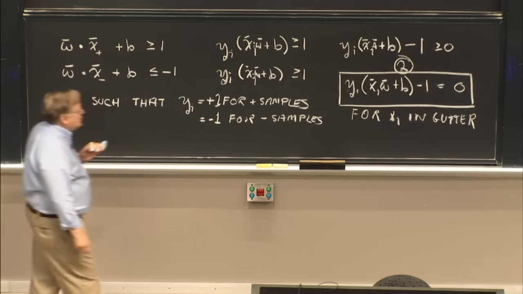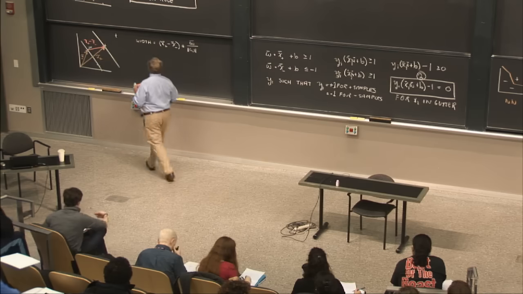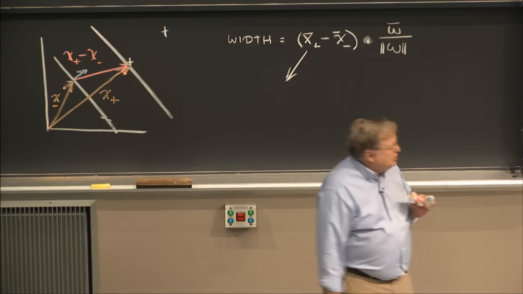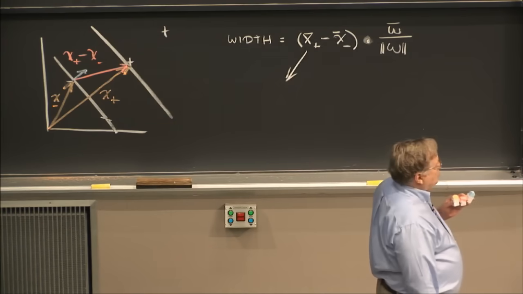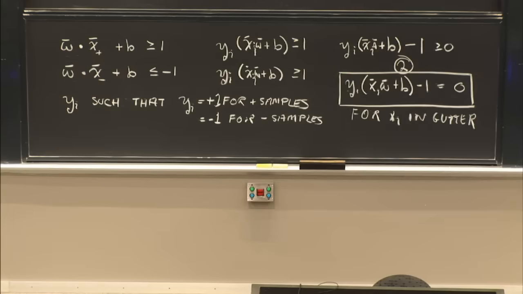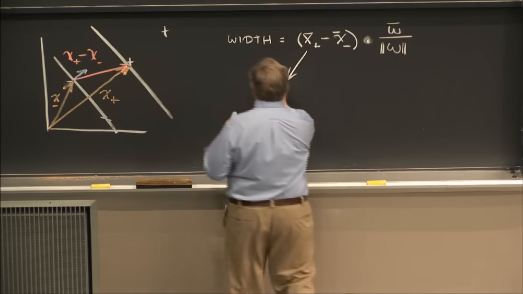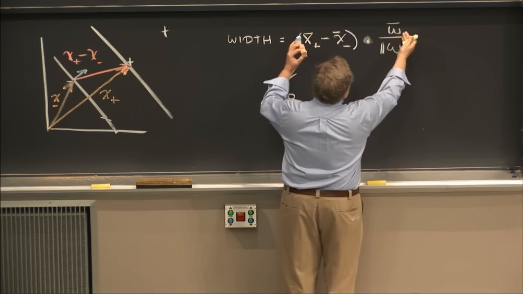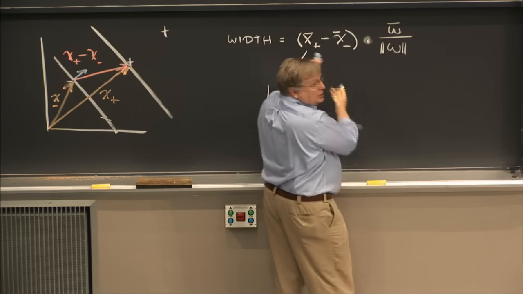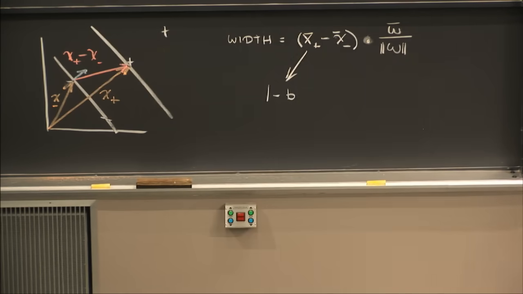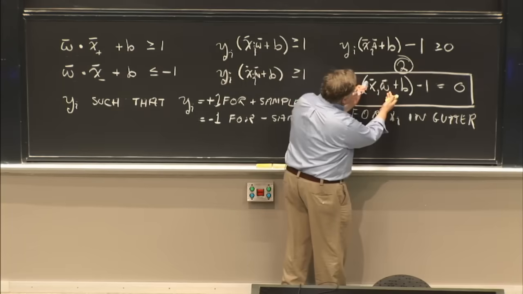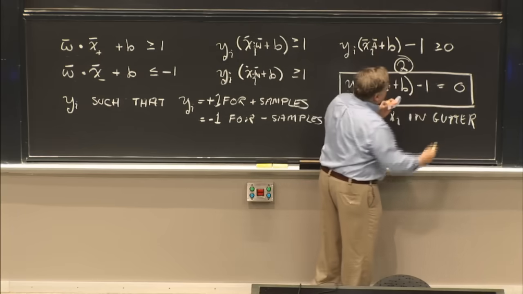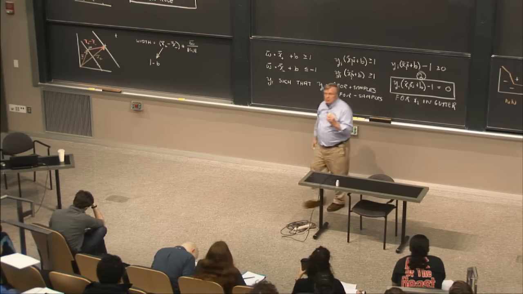So it says that x plus times w is equal to 1 minus b. See, I'm just taking this part here, this vector here, and I'm dotting it with x plus. So that's this piece right here. y is 1 for this kind of sample, so I'll just take the 1 and the b back over to the other side, and I've got 1 minus b. Okay?